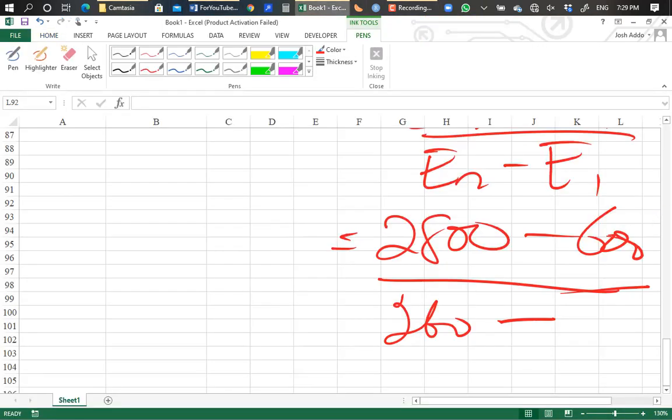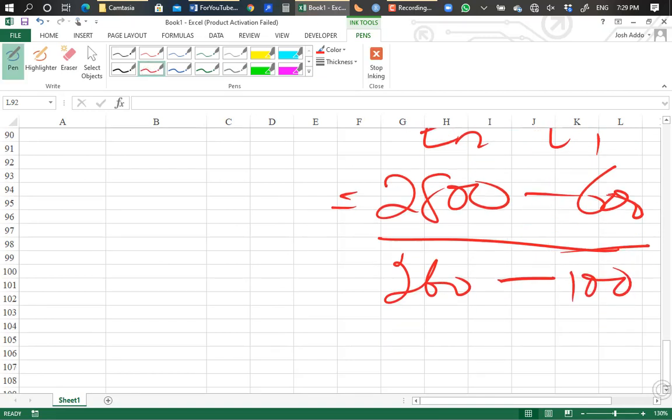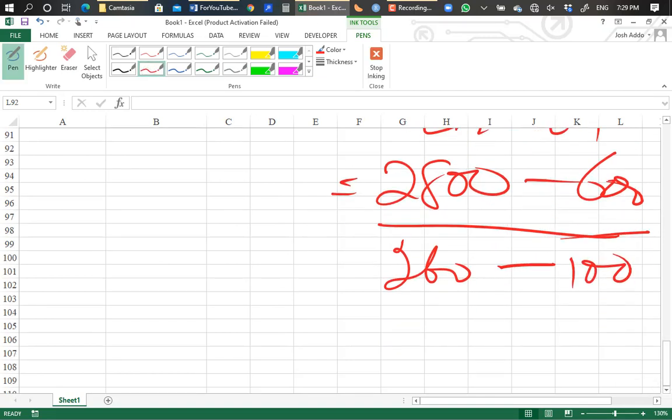So this is 100. All right, so we are on our path towards determining the variable cost per unit. So variable cost per unit is 2800 minus 600.